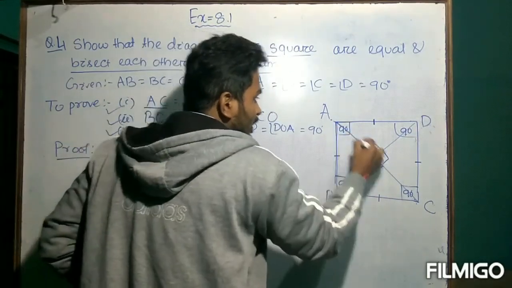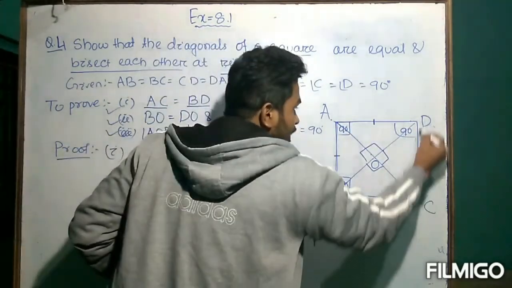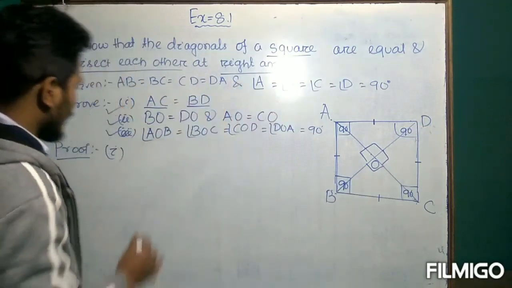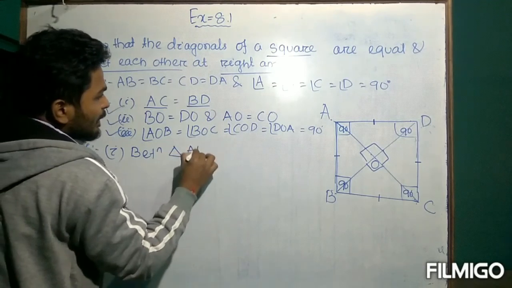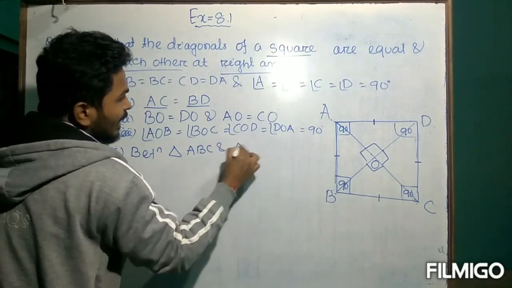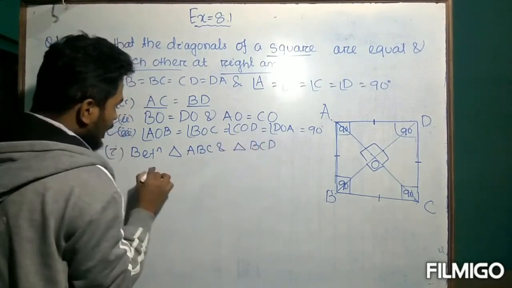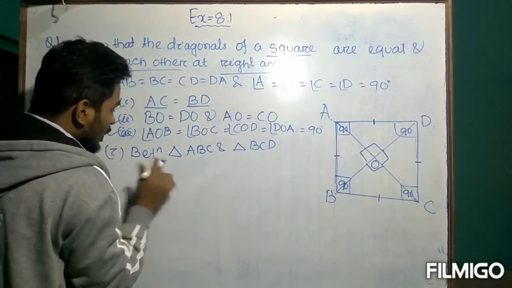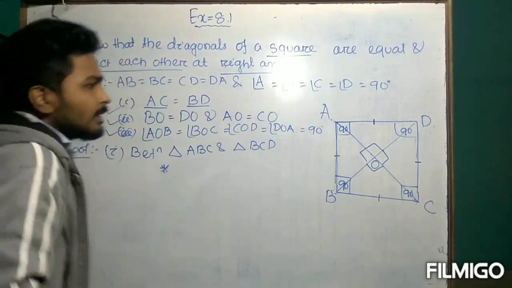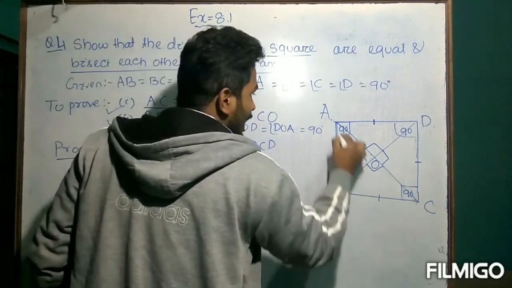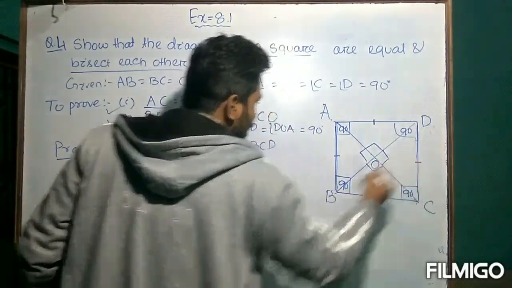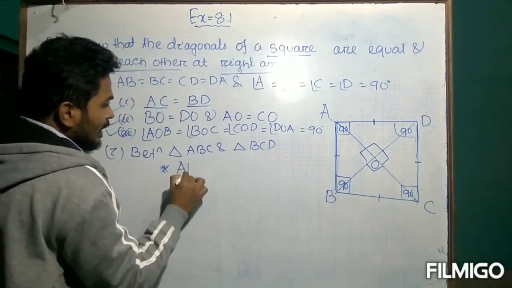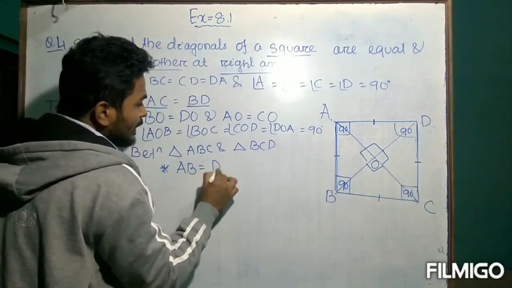So between triangle ABC and triangle BCD, what are the possible conditions here? As you can see, for the triangle ABC, side AB is equal to side DC of the triangle BCD. So you can write AB is equal to DC.